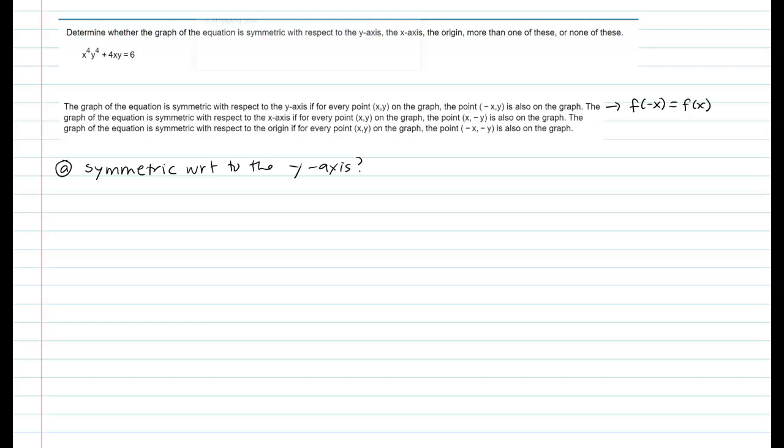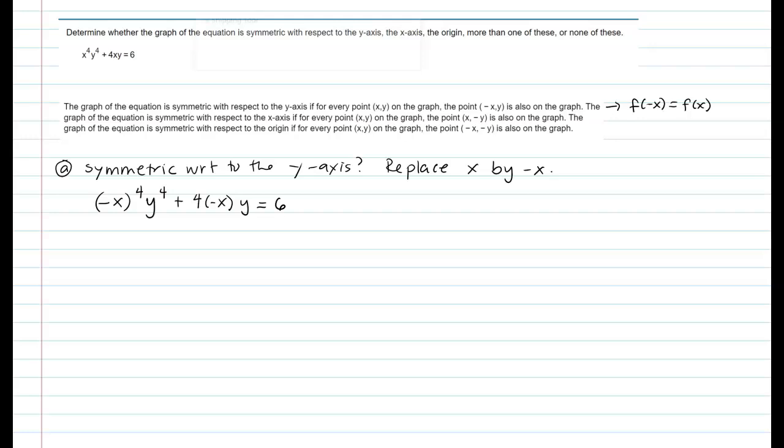What you would do is replace x by negative x. So you have negative x to the fourth times y to the fourth plus 4 times negative x, y equal to 6. And then you simplify it, see if you get the original equation back.